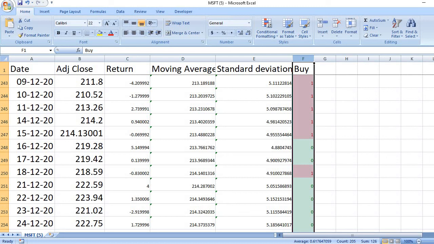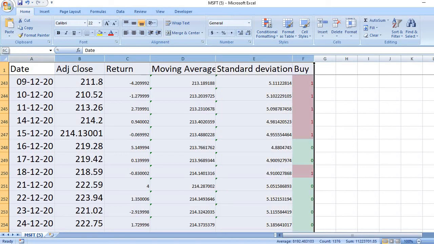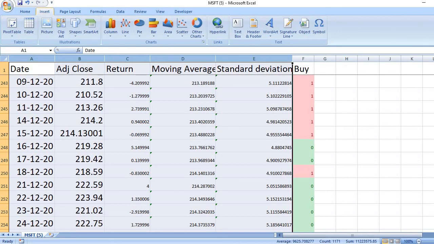You can also use graphical representation to make your decision. So we select all these data and make a graph.